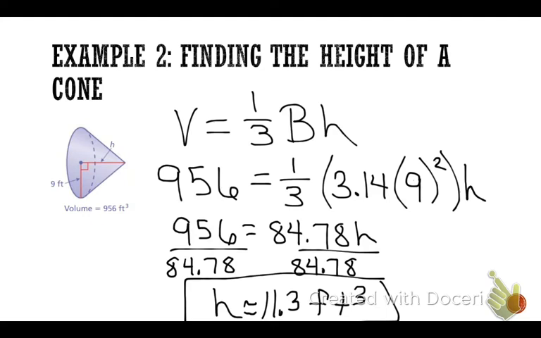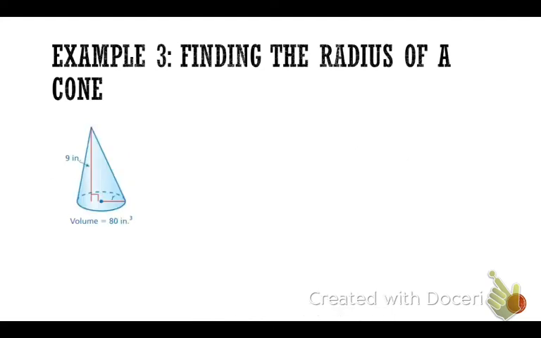Good job. Okay, example 3 now. So I solved for volume. I solved for height. So guess what I'm going to solve for now? Radius. Okay, so I'm going to use the same formula. V equals 1/3 base times height.